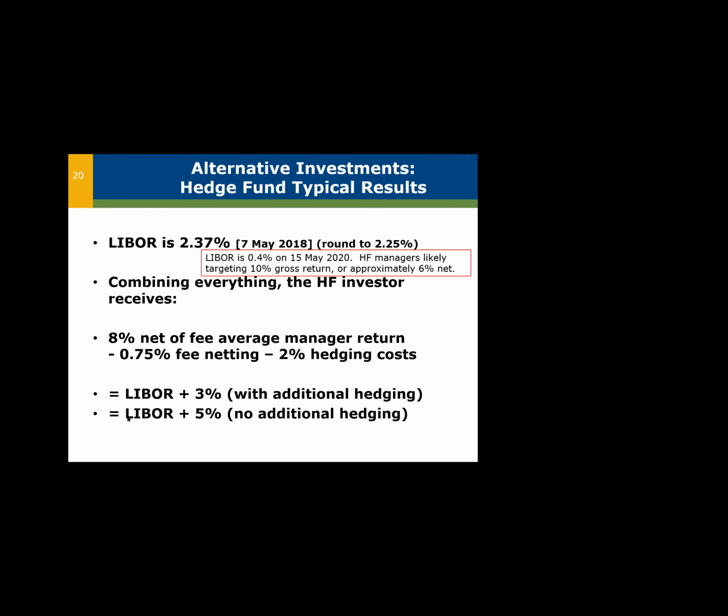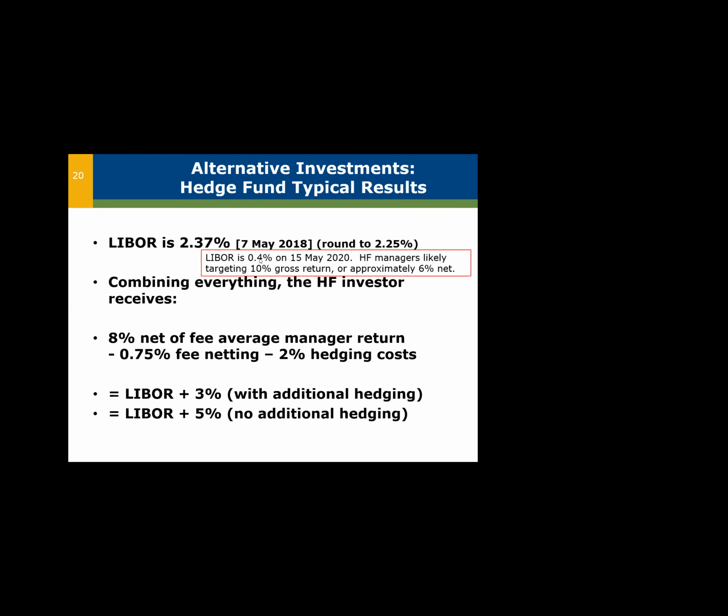For the investor to achieve their LIBOR plus 500 basis points, or 5%, on their hedge fund portfolio, that means each manager on average needs to be earning 12% gross. And so that's just an exercise to show you that it's actually pretty difficult to achieve the LIBOR plus 500 target.